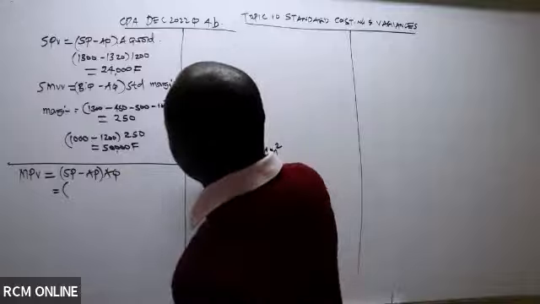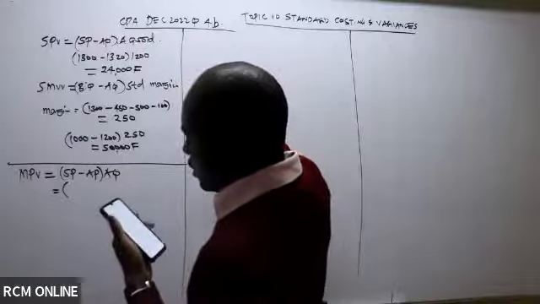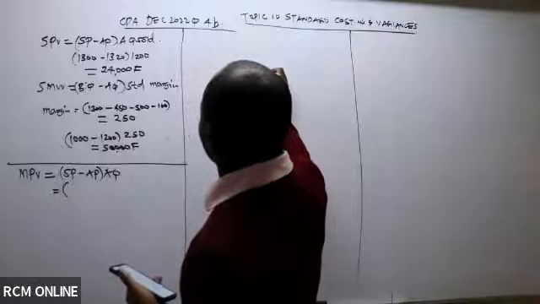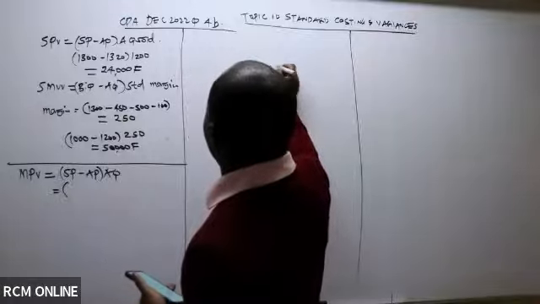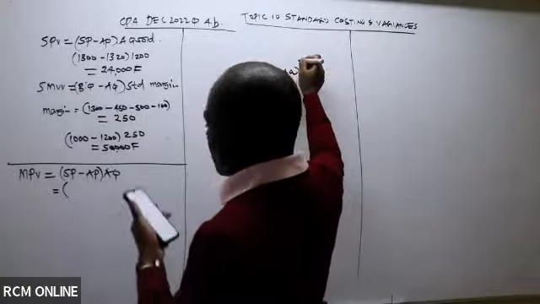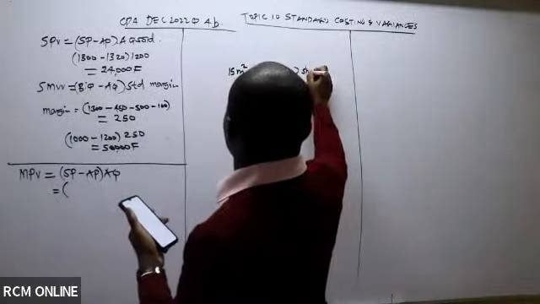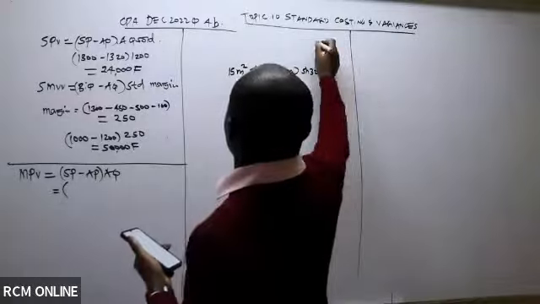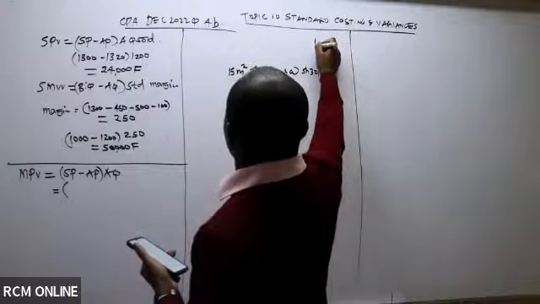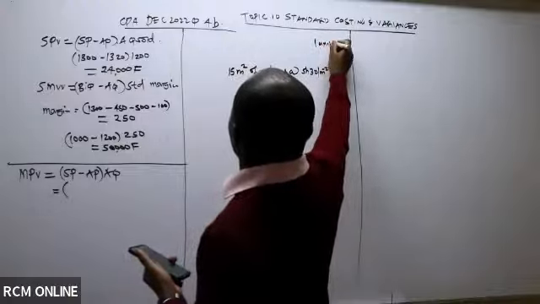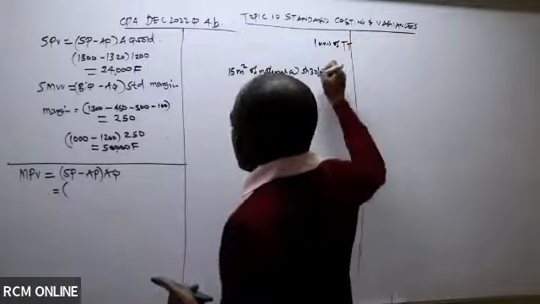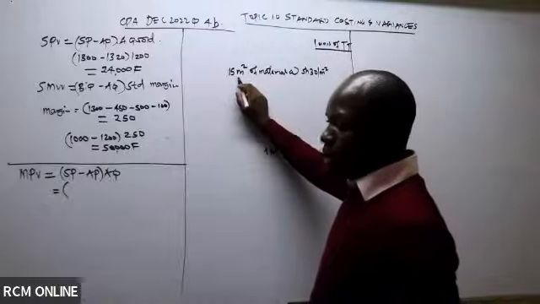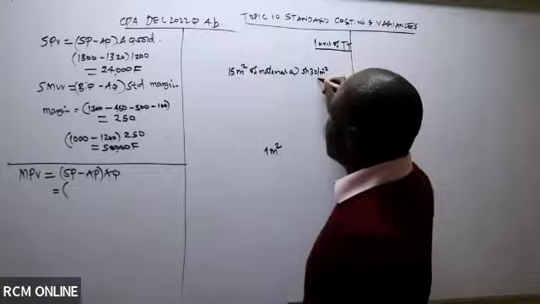They have said the company needs 15 square meters of material at what price? At 30 shillings per square meter to produce 1 unit of TT. So for them to produce a unit of TT, they need 15 square meters. But 1 square meter is equal to 30.